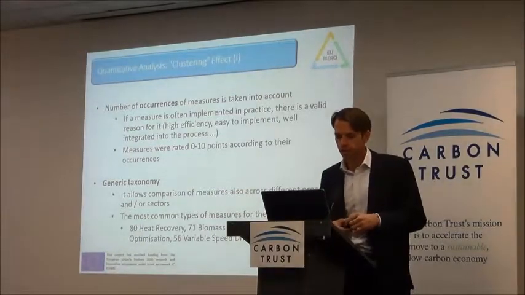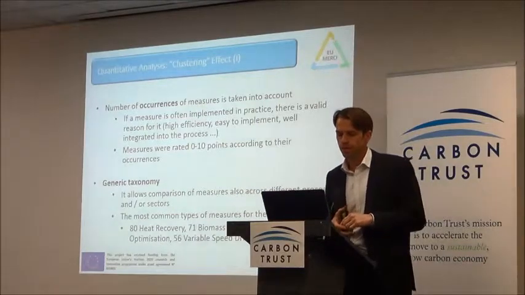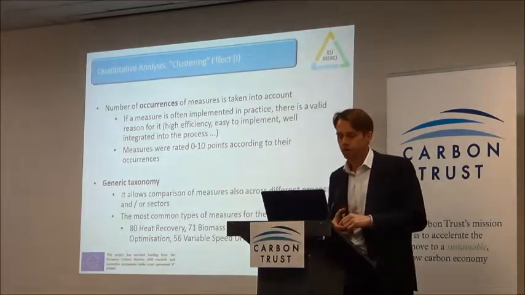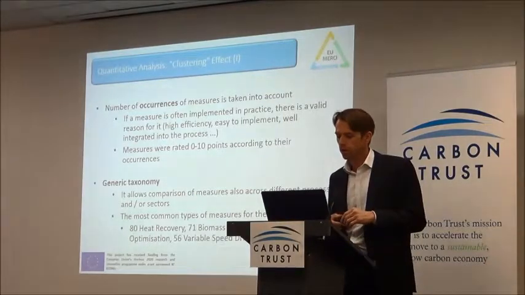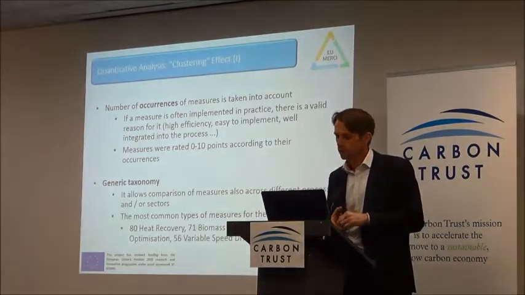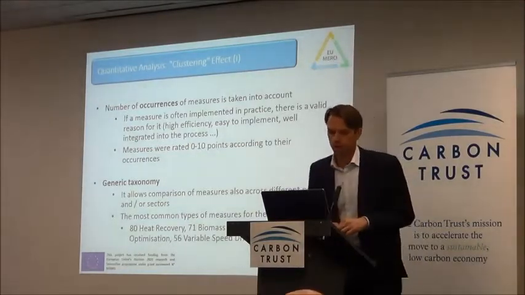You can see here an example for the machinery sector. Based on the generic taxonomy, there have been 80 measures related to heat recovery, 71 related to biomass boilers, 61 to process design and optimization, and 56 to variable speed drives.